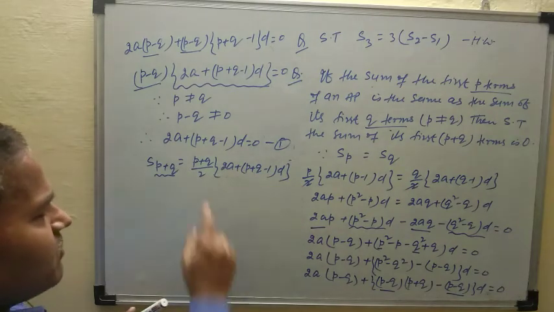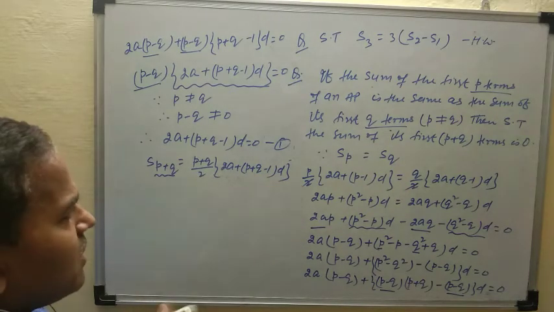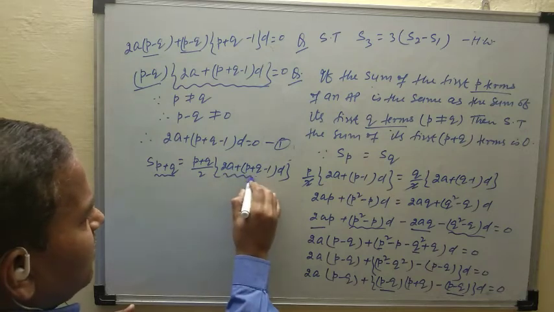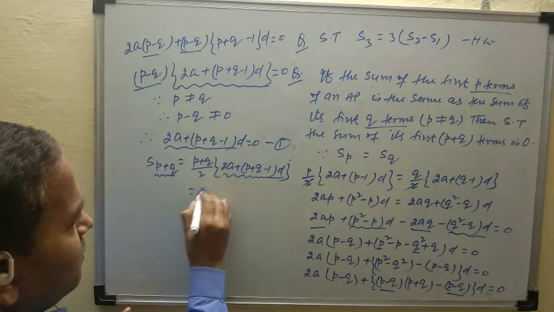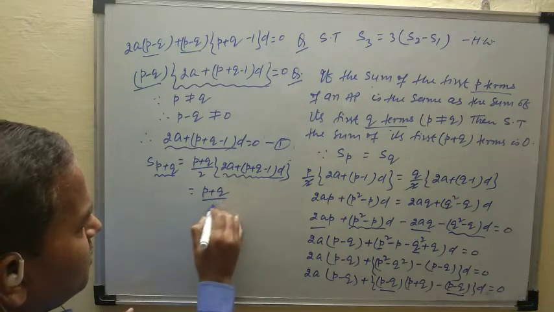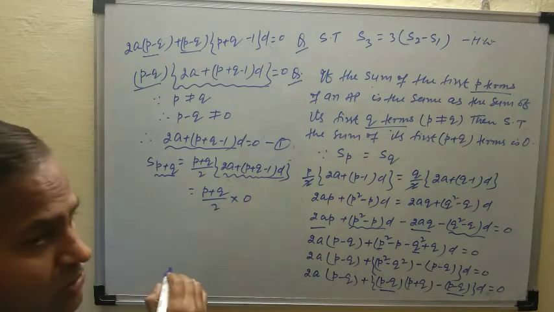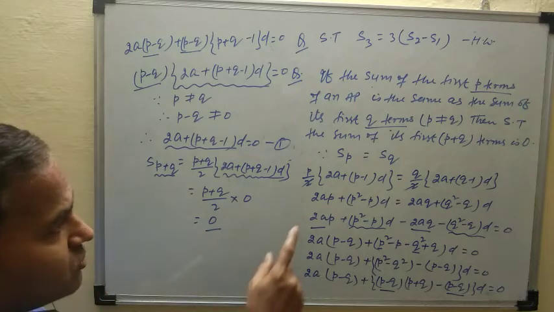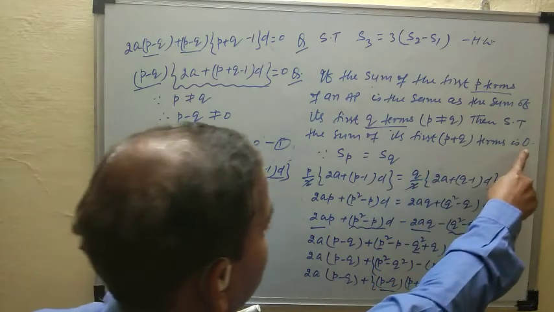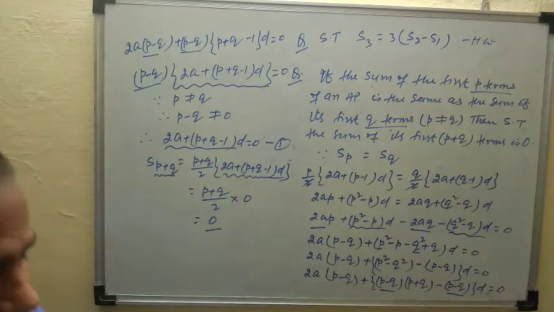Putting the value of 2a plus p plus q minus 1, which is equal to 0, we get p plus q by 2 into 0 is equal to 0. Proved. So we have shown that the sum of first p plus q terms is 0. Proved.